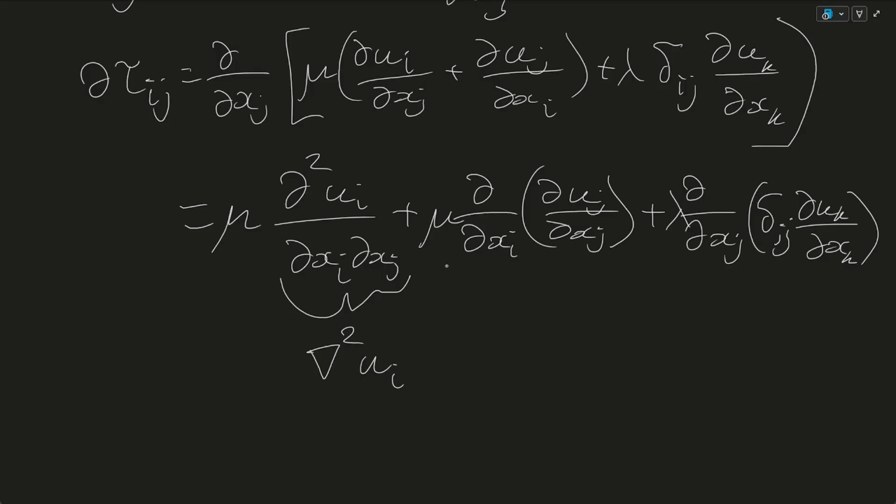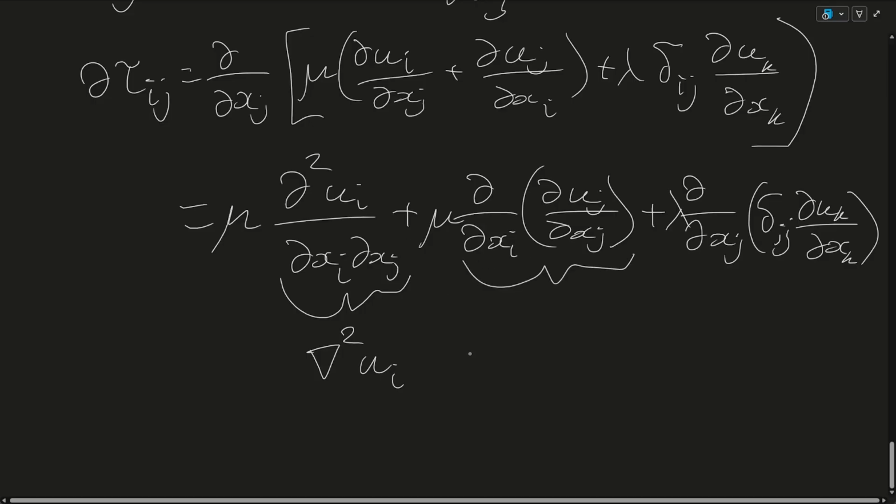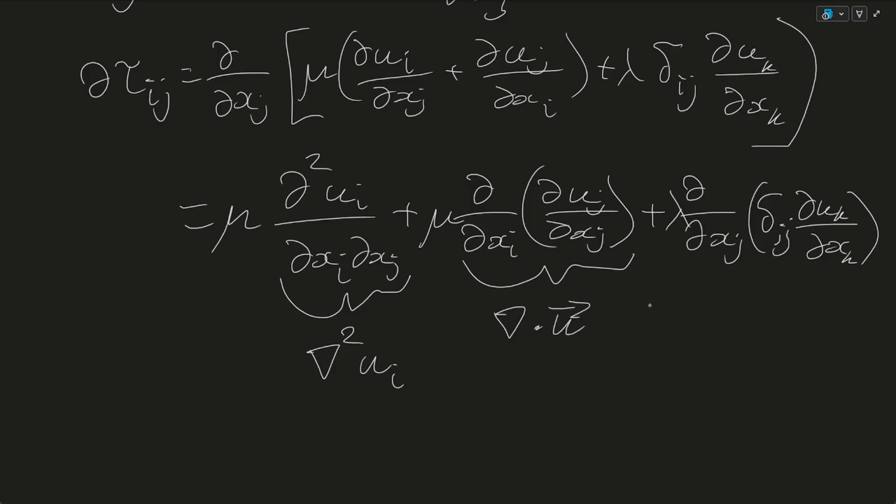The second term, as we've seen before, just that section without the mu's, is the divergence of u, and looking at the final term, because it is, due to this delta ij, the derivative only acts when j and i are equal.